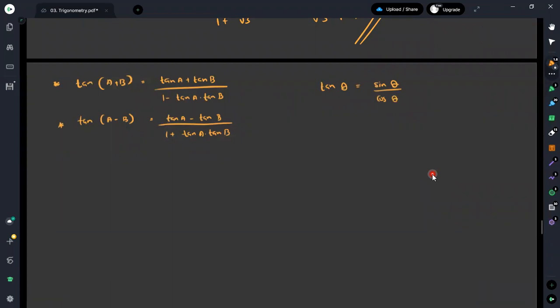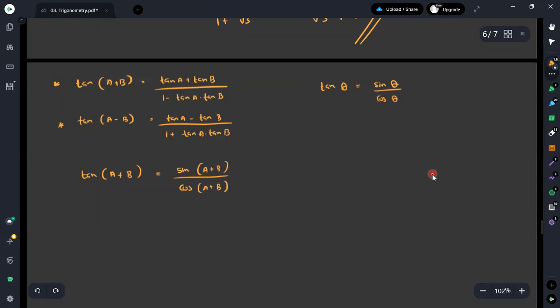Therefore, to prove tan A plus B, we can take tan A plus B as sine A plus B divided by cosine A plus B.